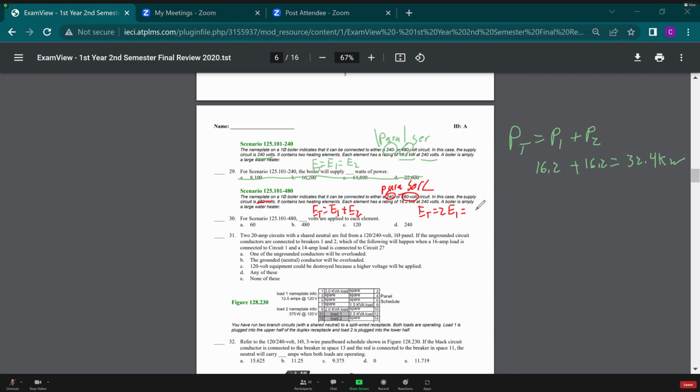In this, we know that our voltage total equals 480. So if we take 2E1 divided by 2, cancel those out. And if we do it to one side, we do it to another, 480 divided by 2, 240 volts are applied to each element.